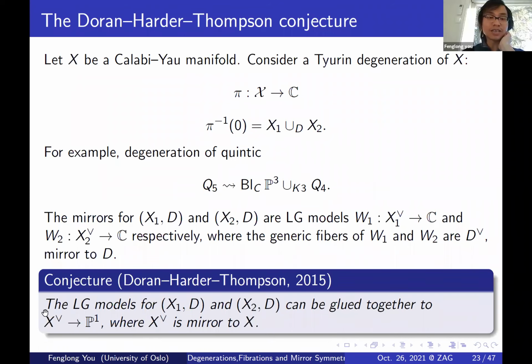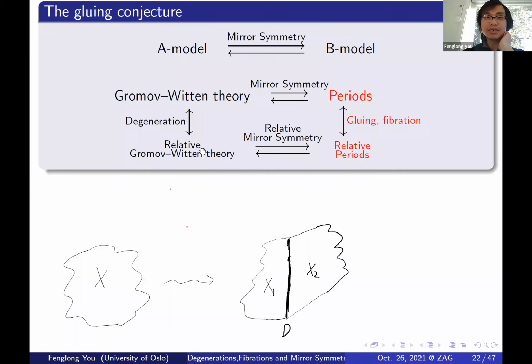So we get X check, and this X check has a fibration structure over P1. So that was the picture that I mentioned in here.